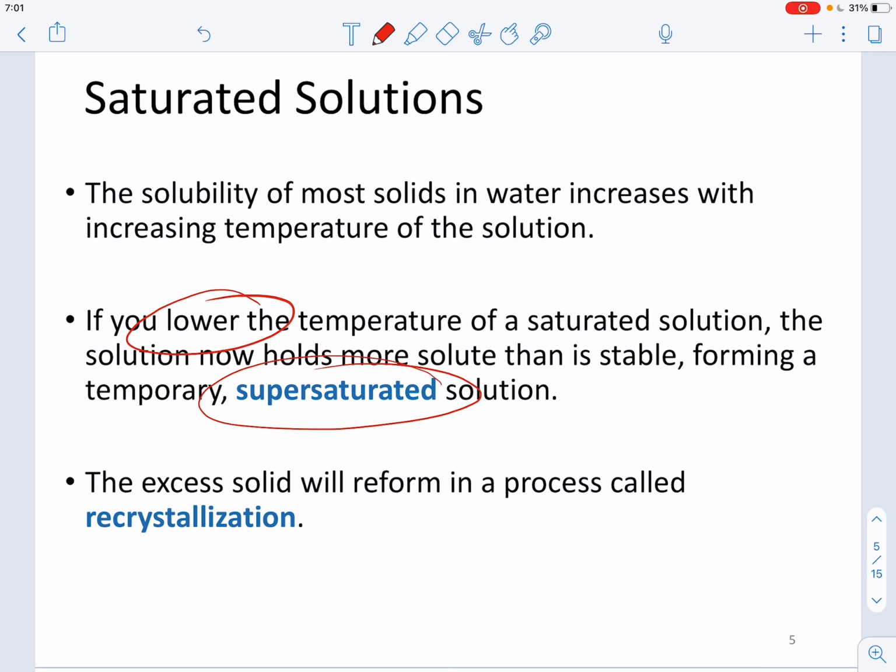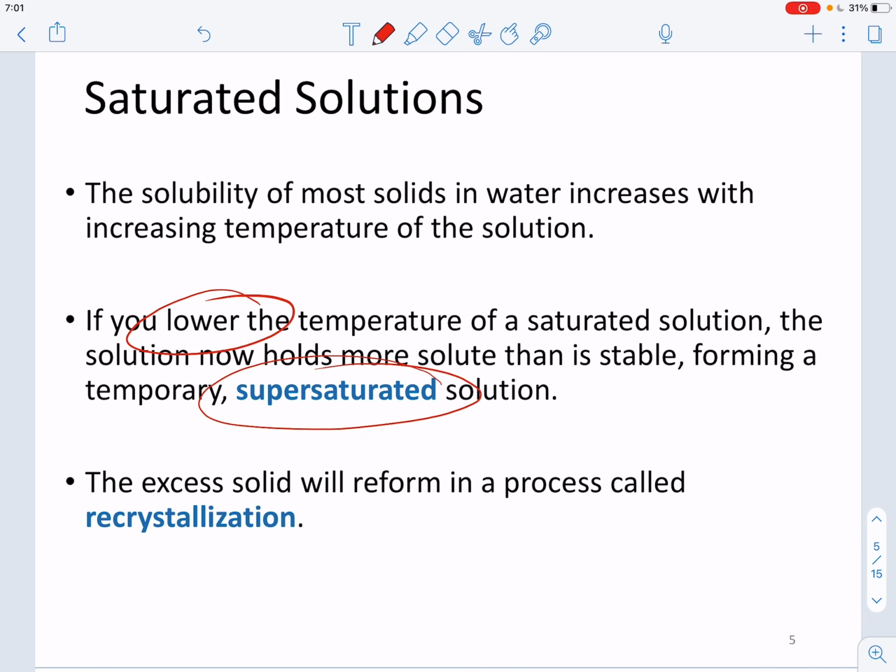So simply put, a supersaturated solution has more solid than you should have based on the solubility. It's past the point of saturation. Under normal conditions it might happen, but these solutions are very unstable. So any perturbation in the solution will cause the solid to come out of the solution.